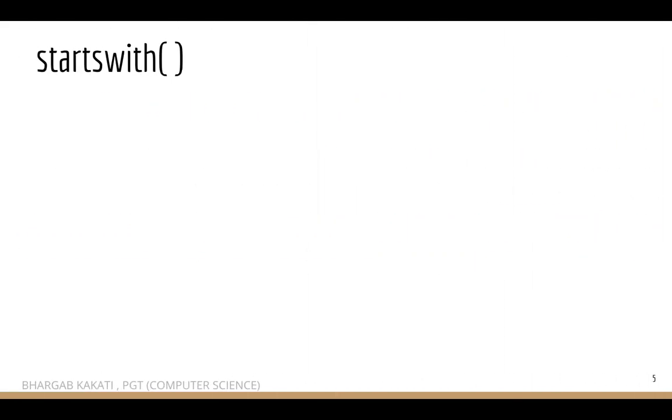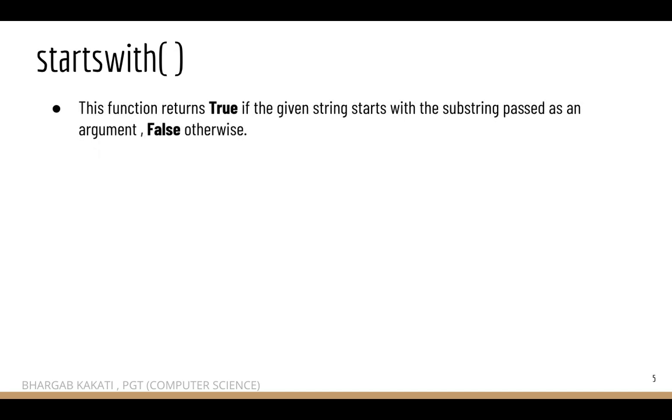Let's move to the next function, that is the starts with function. This function returns true if the given string starts with the substring passed as an argument, false otherwise. If you give a string and it starts with a particular substring, and you put that substring as the argument, then it will return true.